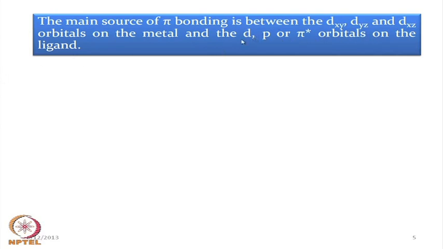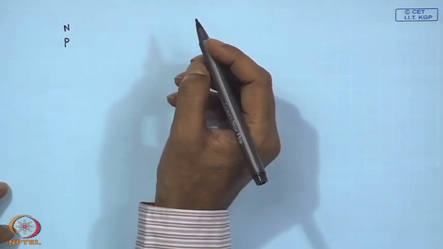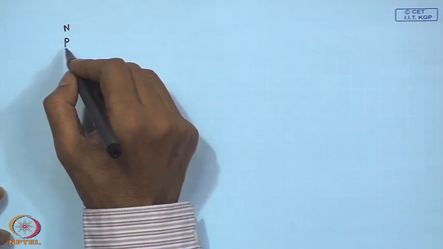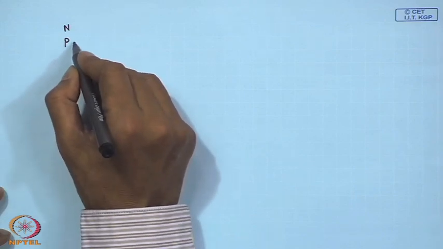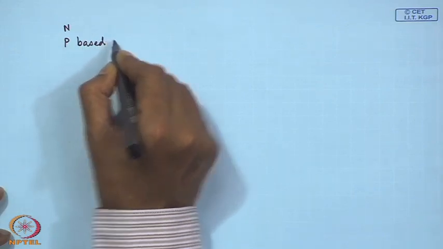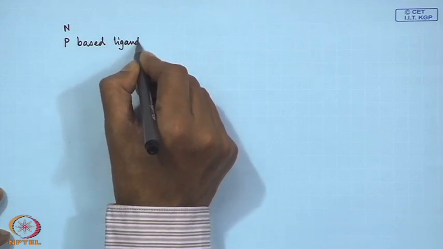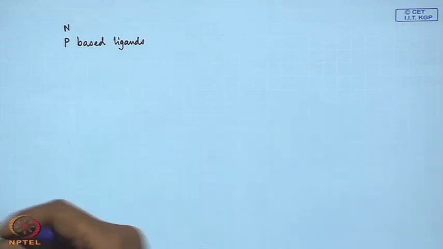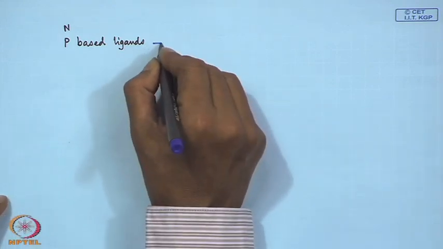If the ligands are of different type, they are not providing only p type orbitals. If they are having some d orbitals also, that means if we go down from nitrogen to phosphorus, we all know that phosphorus is a bigger atom, and the phosphorus based ligands can therefore have filled d orbitals.